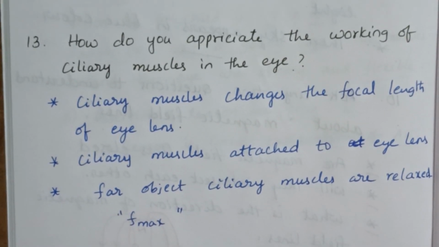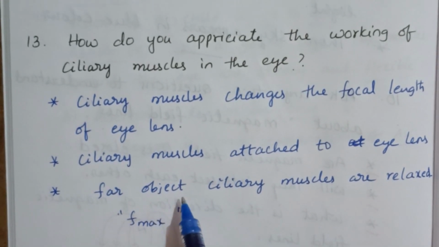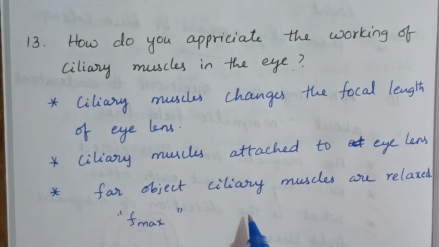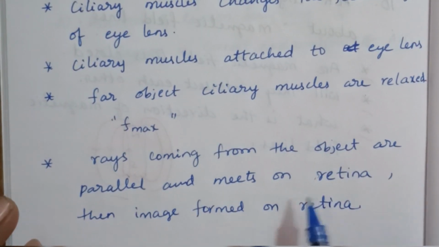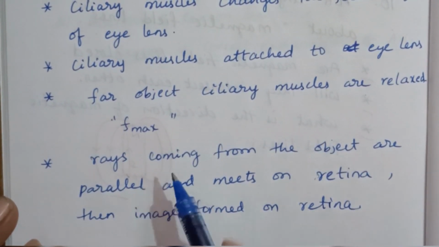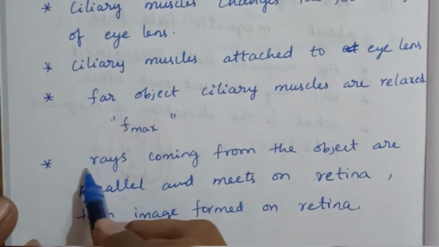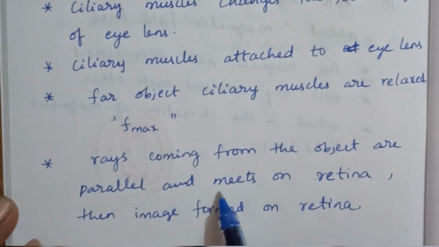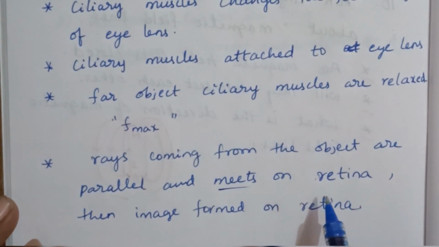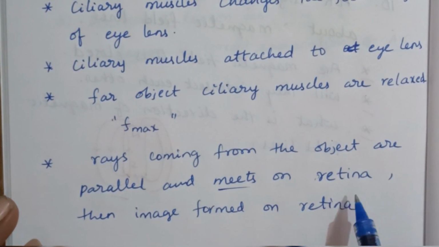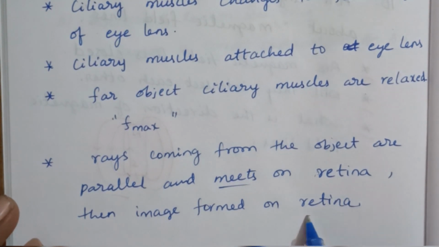The rays coming from the far object are parallel to each other, and after refraction from the eye lens, they will meet on the retina, and the image will be formed on the retina.